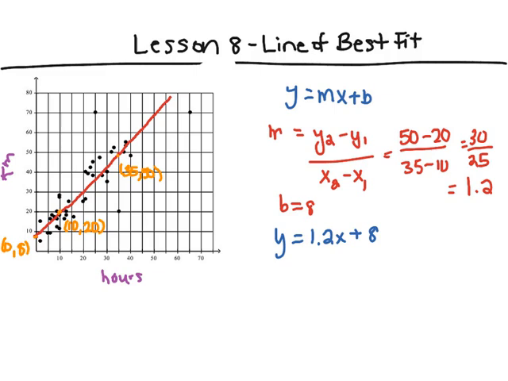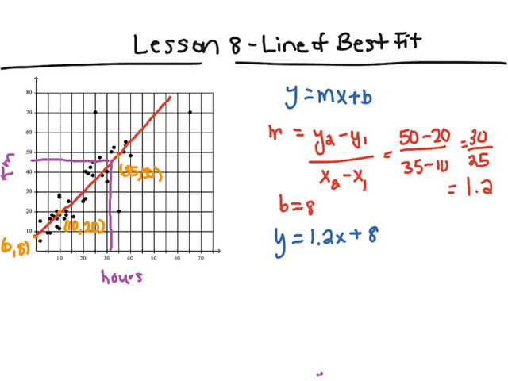So for 33 hours, if we were to draw a little line on here to represent 33 hours, it looks like it would be about something over 45. So be a little bit more exact on yours with your ruler. Mine's hard to do on the iPad.